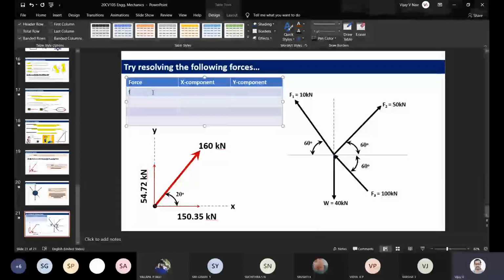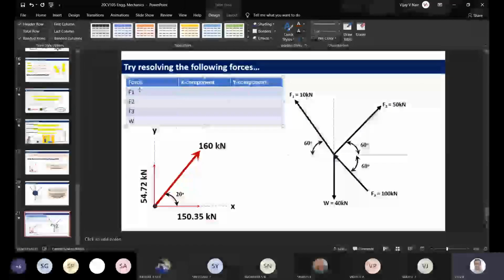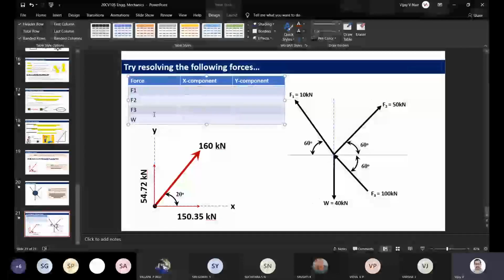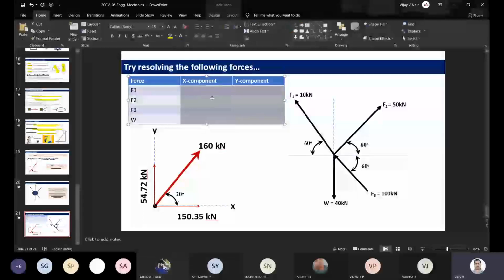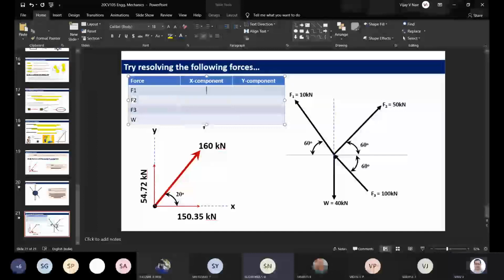Yes, can anyone tell me one by one what are the resolved forces? F1, F2, F3, and we have W. F1 X component is 4.2. F1 is 10. Y component 9.06.